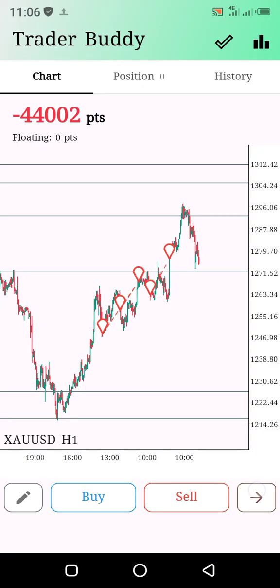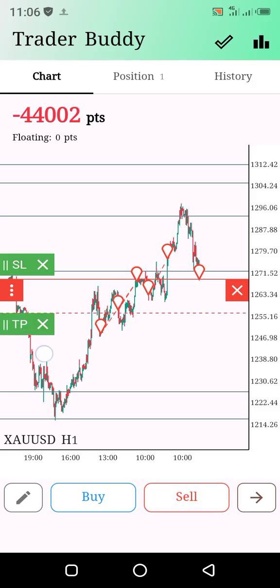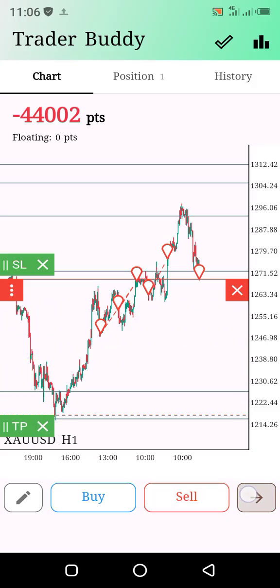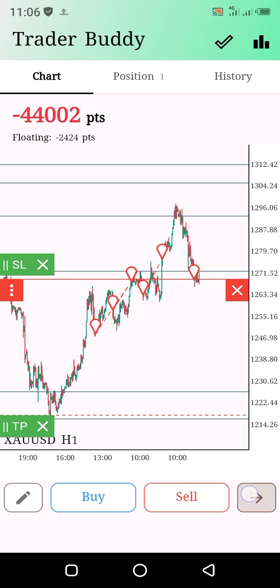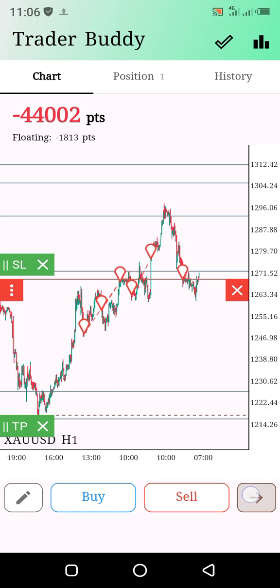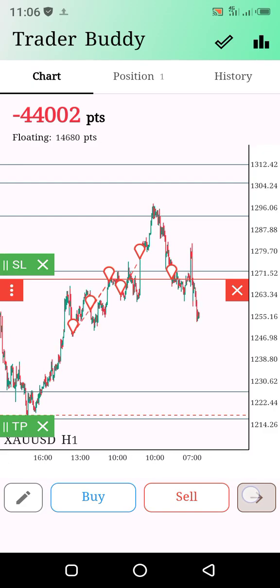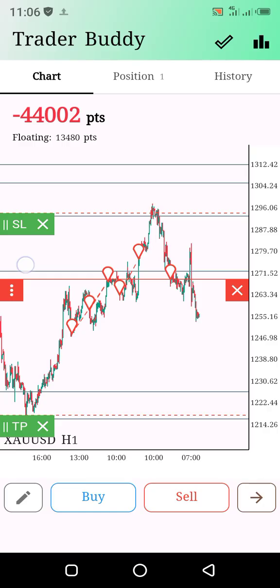Price took out the previous low. We shall now take ourselves. TP is going to be at the lowest extreme point. Stop loss is going to be above this newly created low.